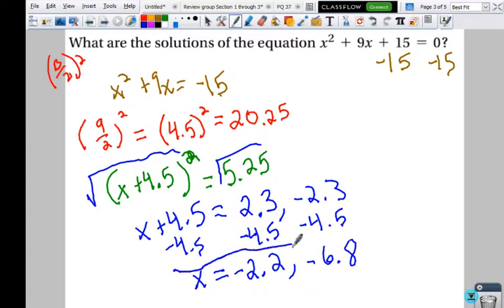It'll be slightly different, though. If he'd used 2.29, he would probably get something closer to negative 2.1 something. You'll be fine.